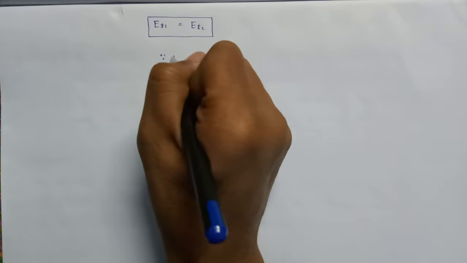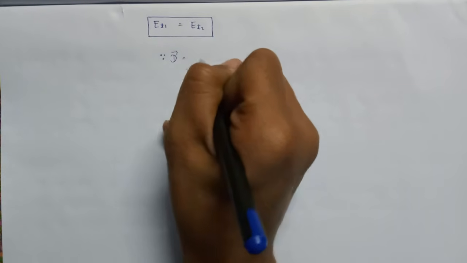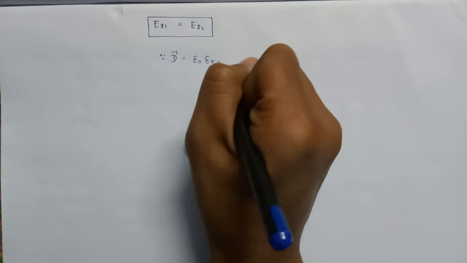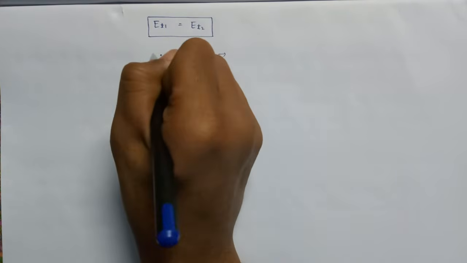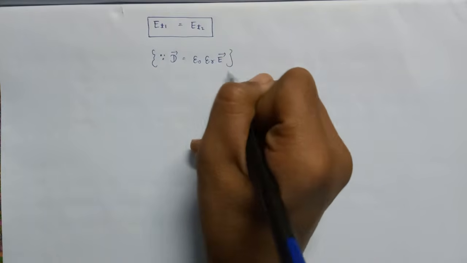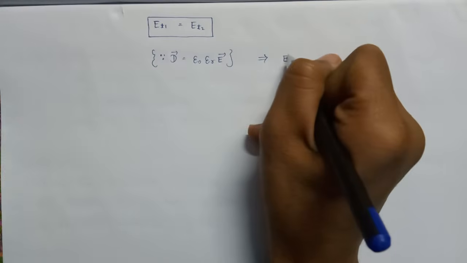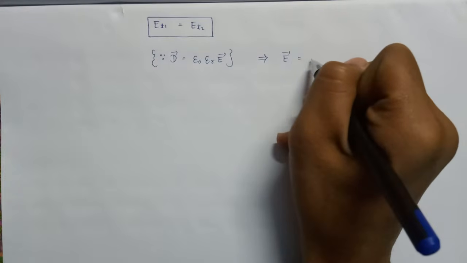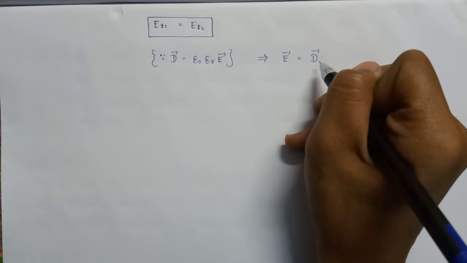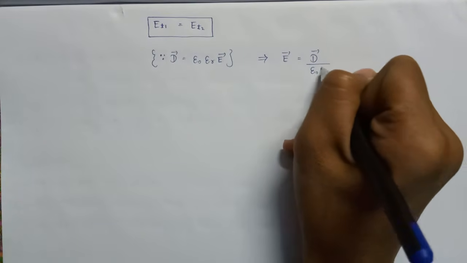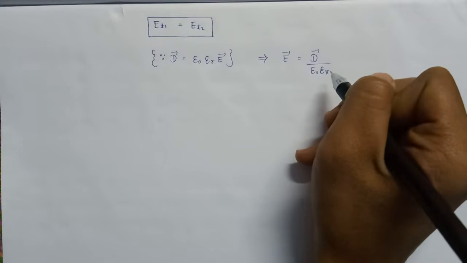We know that the electric flux density D is equals to epsilon 0 epsilon r into E. So from this formula we can also write the electric field as E equals to the electric flux density divided by epsilon 0 epsilon r.